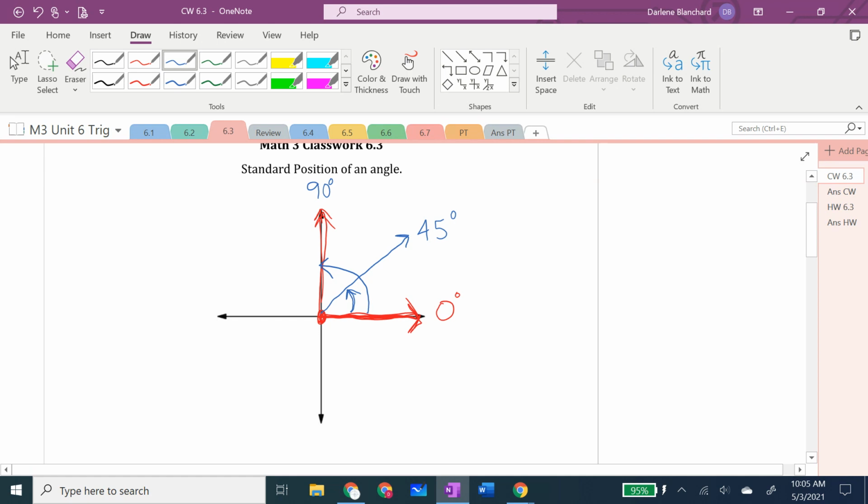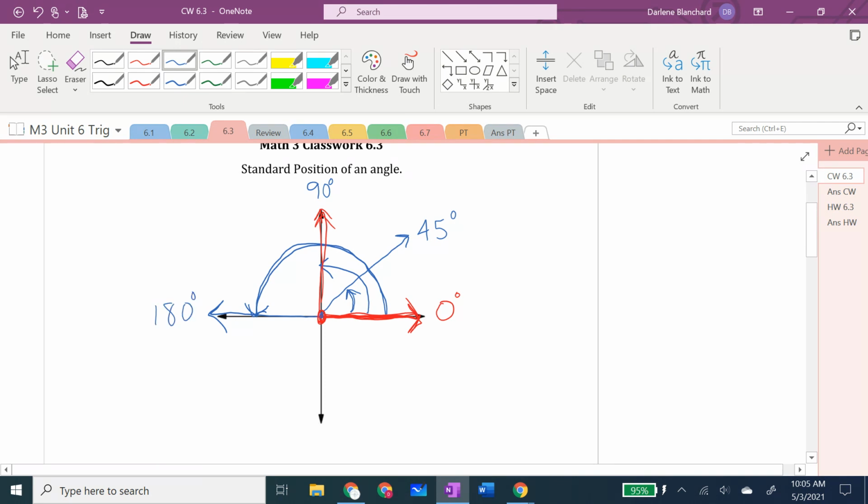Logic takes over once you get past where is 0 and what direction is positive. So if that's 90 degrees, then what is this angle? If I go from 0 degrees and make half a rotation, how many degree measures is that? 180.